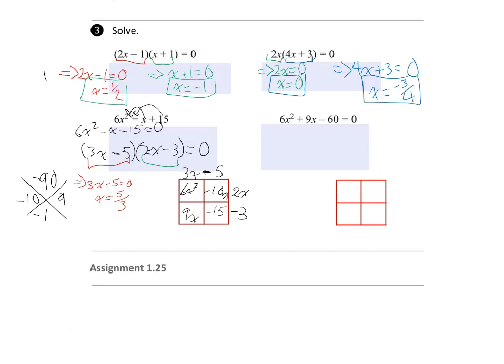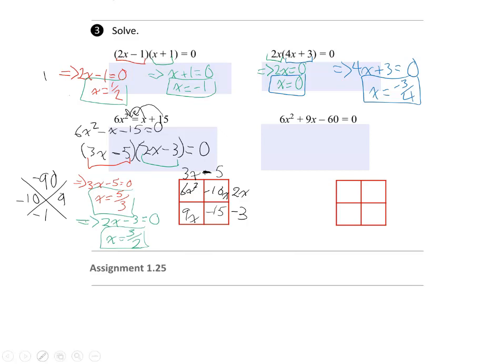So this implies that 2x minus 3 is going to equal 0. The 3 goes over, becomes positive, and then divide both sides by 2, you should get x equals positive 3 over 2. And there's my two solutions for this equation.